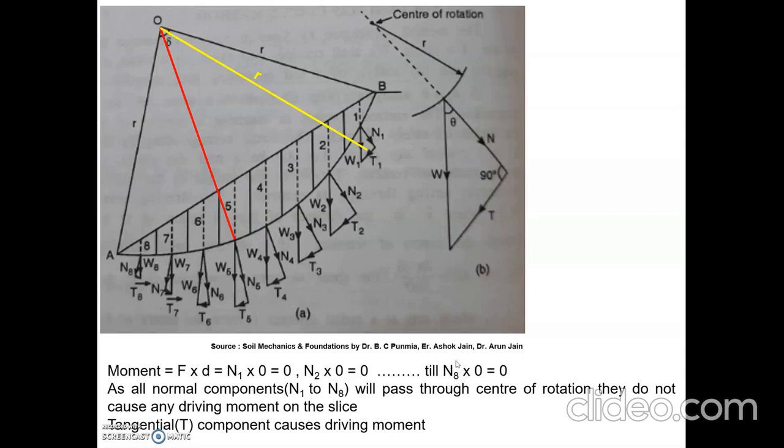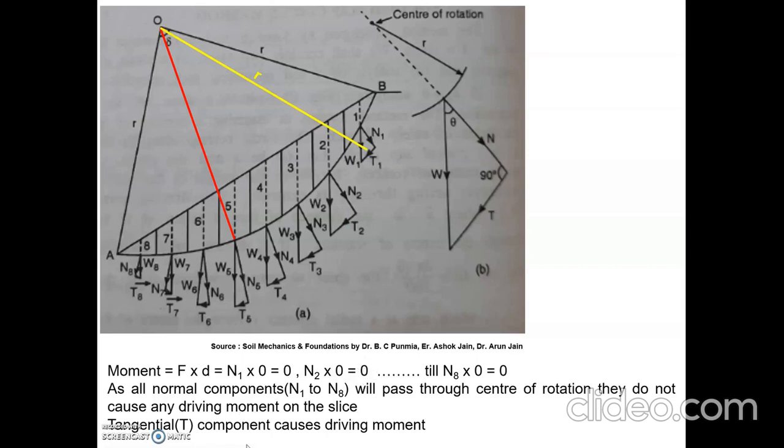So we write N8 into 0 equal to 0. Now we know that as all normal components, that is N1, N2, N3, N4, N5, N6, N7 and N8 are passing through the center of rotation O, they do not cause any driving moment on the slice. We have seen that driving moment is 0 for all the cases.